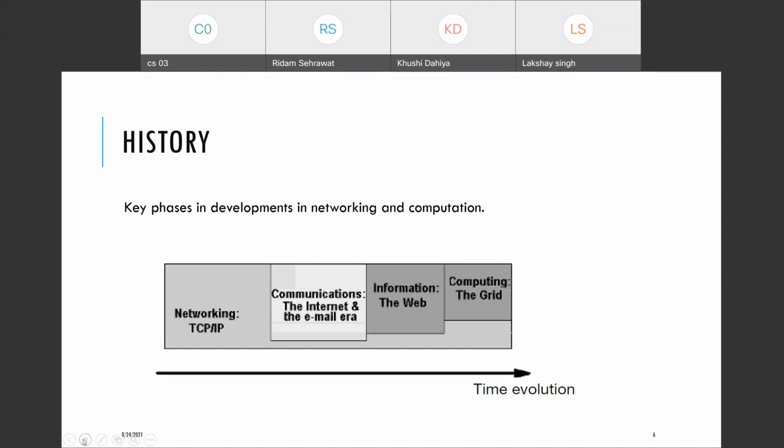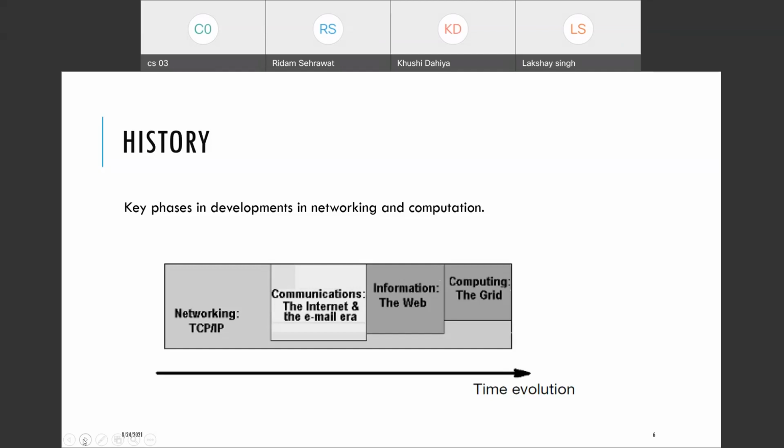After information, we thought, why can we not share the resources on the network? Starting from the network, as the requirement changed, we changed the technique. So finally we have the computing, that is grid. In grid we are sharing resources over a network.